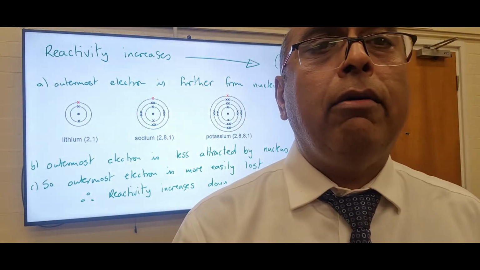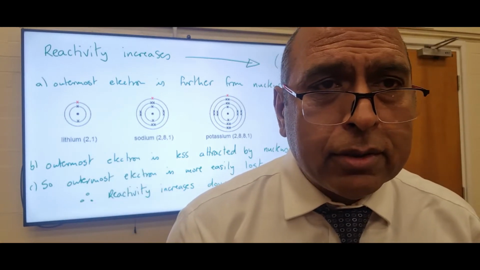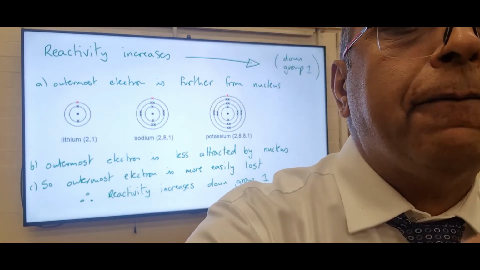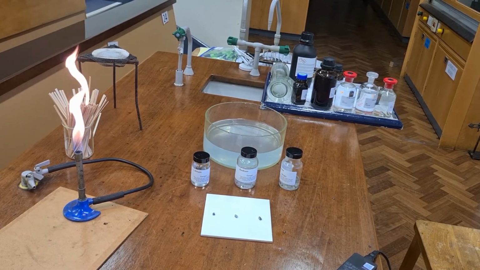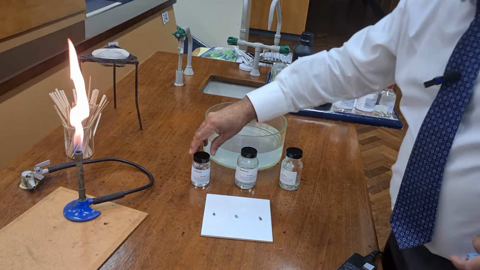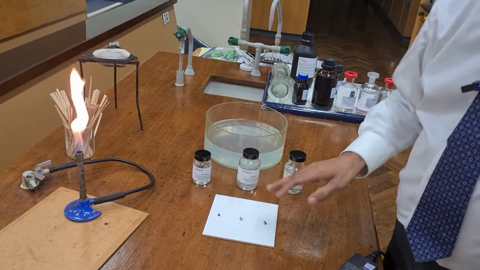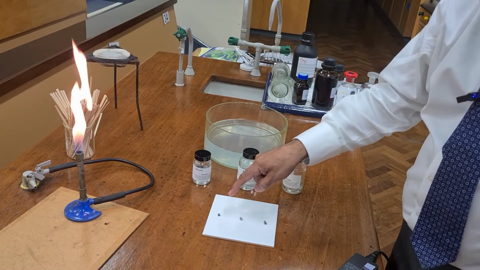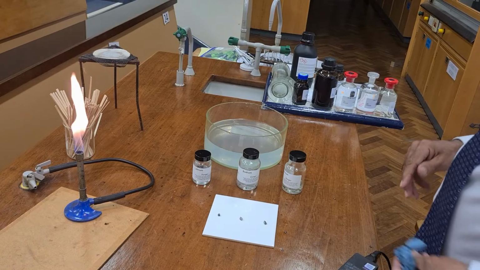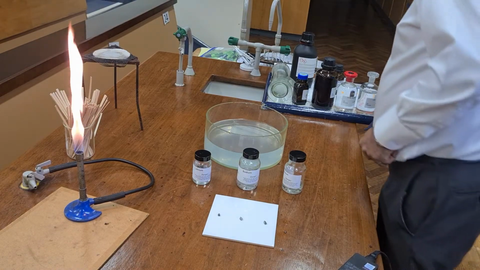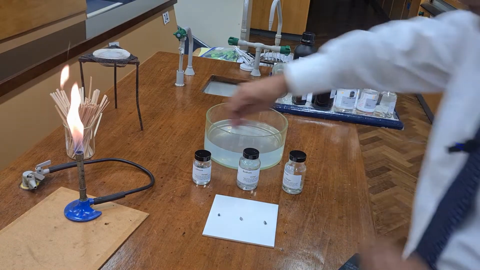These are oxidation reactions, metals turning into their ions. Let me show you. Let me pause it. Right, so here we have some lithium, sodium, potassium. To save time, I've taken them out. Lithium, sodium, potassium, and I did have a needle here.